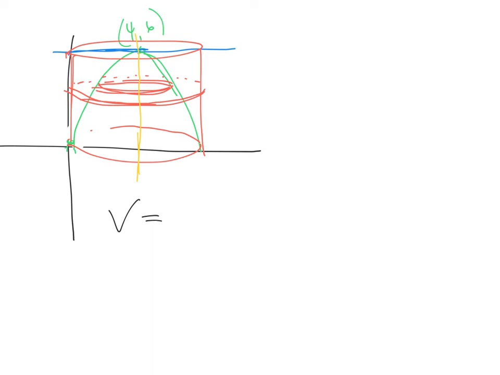So my larger circle of that washer is going to be my line x equals 0 reflected, but I'm going from 0 to 4. So that's really going to be a constant 4. So for my larger radius, I've really got a constant 4 in there. I'm integrating from 0 to 6 because I'm going horizontal slices, so my thickness of my slice is dy.